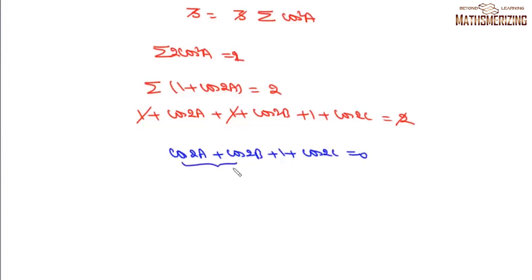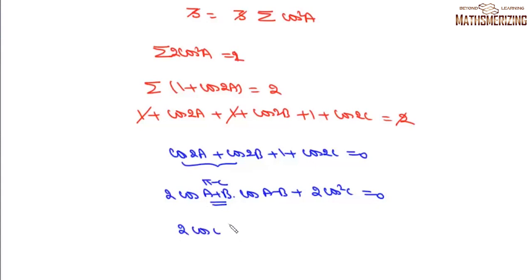Now we'll use cos C plus cos D, which is 2 cos((C+D)/2) cos((C−D)/2). So it will be 2 cos(A+B) cos(A−B), and here will be 2cos²C equals 0. Now cos(A+B) is cos(π−C), which is minus cos C. So if we take 2 cos C common, we can write minus cos(A−B) plus cos C, it is equal to 0. Now we can again write this cos C as minus cos(A+B), since C is π minus (A+B).